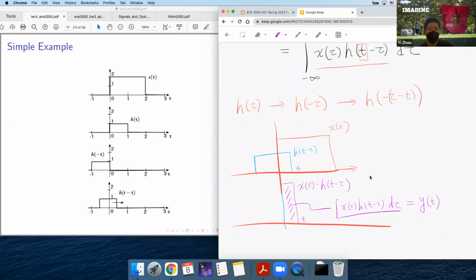And then you can imagine that if we vary the value of t, if we want to look at this output convolution signal at different time index t, then basically we are changing the shifting location of this h signal. So if t ranges from, for example, -infinity to +infinity, then we are essentially moving this blue rectangle signal from the left-hand side along the horizontal axis to the right-hand side.